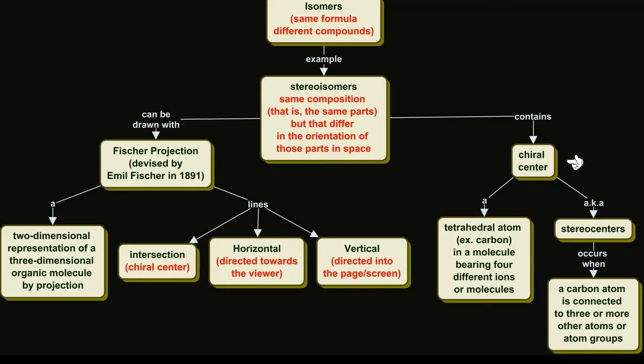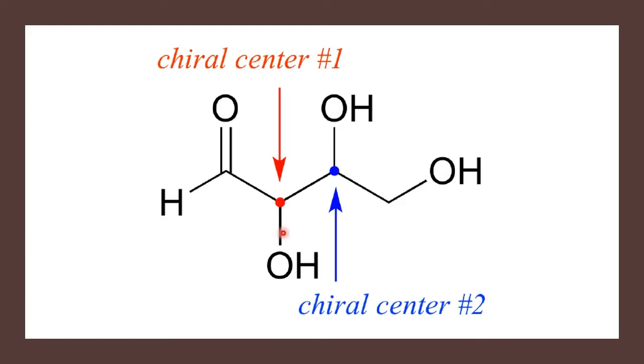Now, since stereoisomers are mirror images but cannot be superimposed, they contain chiral centers. So what is a chiral center? In this illustration, these are the chiral centers. Chiral centers are actually connected to all four of the valence electrons of the carbon.